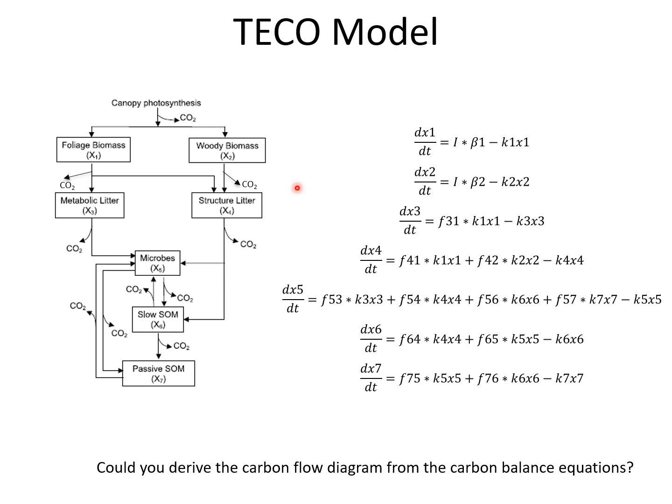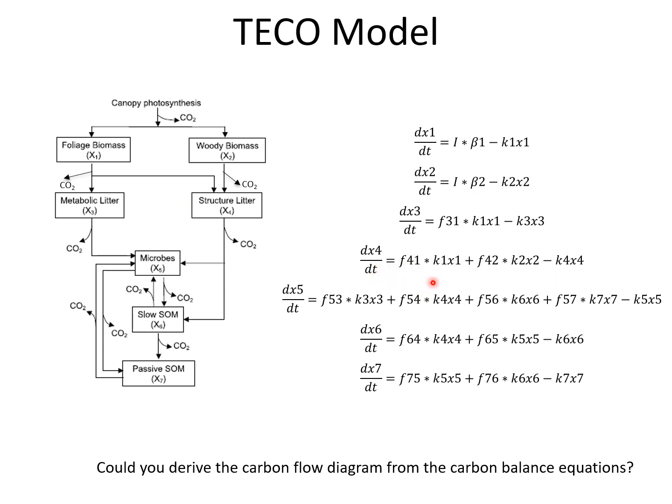In some cases, there may not be only one income stream. For example, here in this carbon pool, the structural litter carbon pool X4. As you can see, there are 2 arrows going into this carbon pool. One is from X1 and one is from X2.